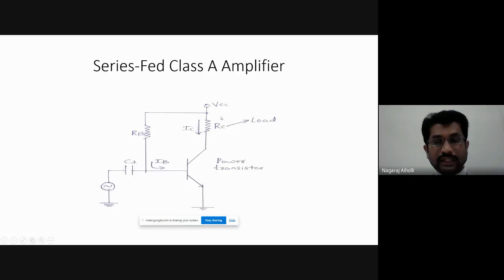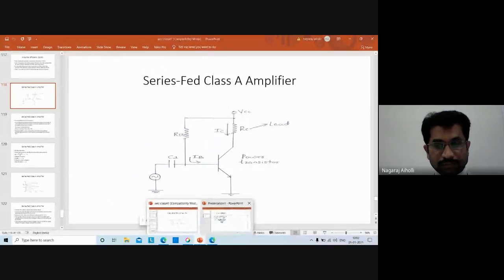Now let us apply the KVL to the output portion of the circuit.